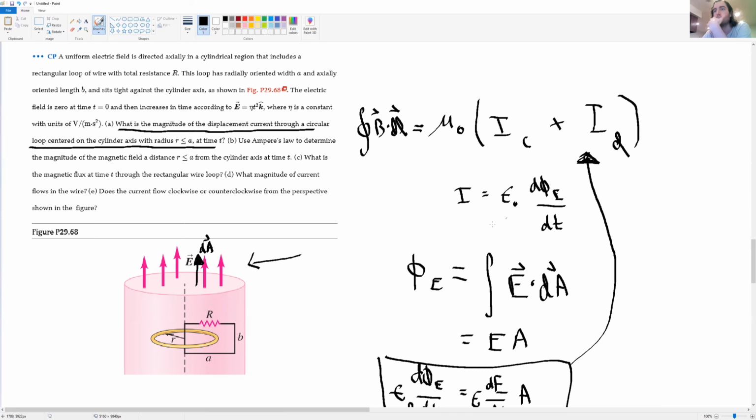Notice in this circuit and in this loop, there's no source of voltage. We have no battery driving current flow. So when we apply Ampere's law, we have no conduction current. We just have a displacement current, so we can make that term zero in the expression.